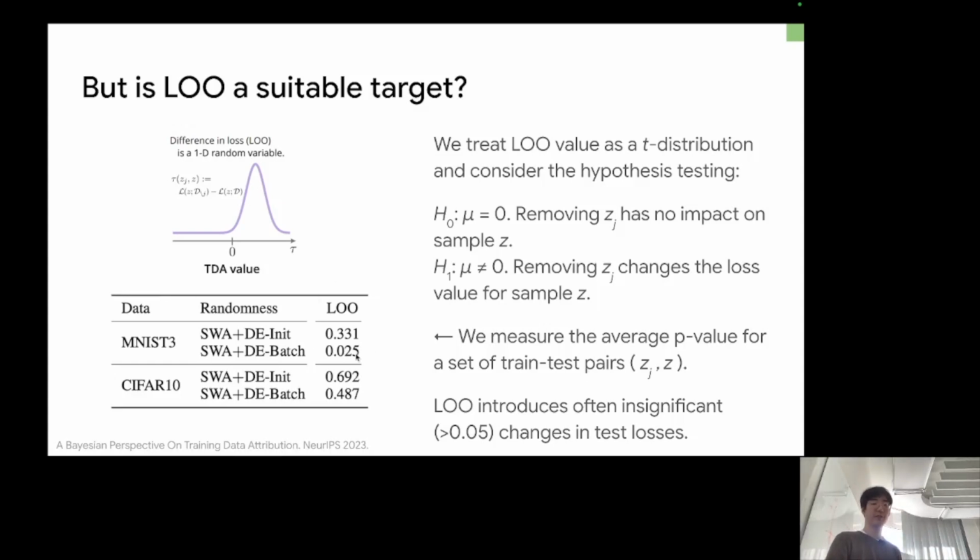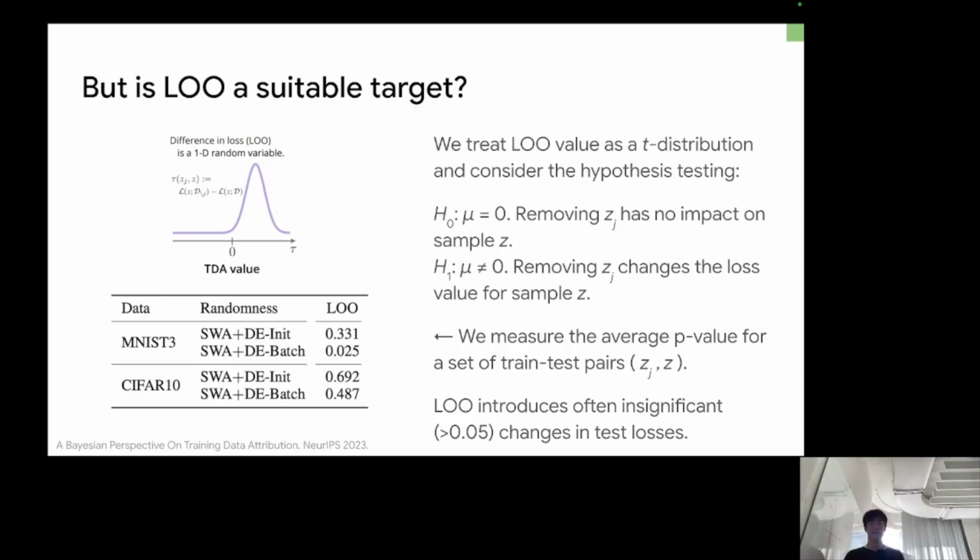And this is the result. So that's the average p-value of this statistical testing over multiple training-test pairs. And the p-values are very large in general. There's some cases where this is low. We haven't really figured out why this is the case.